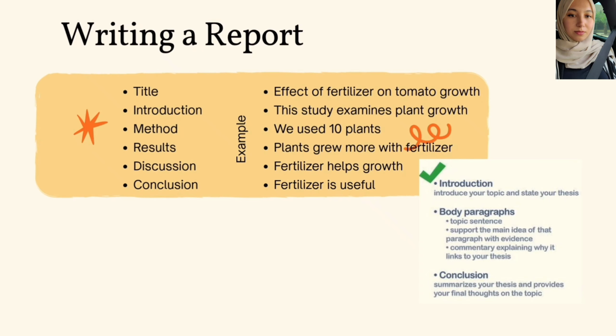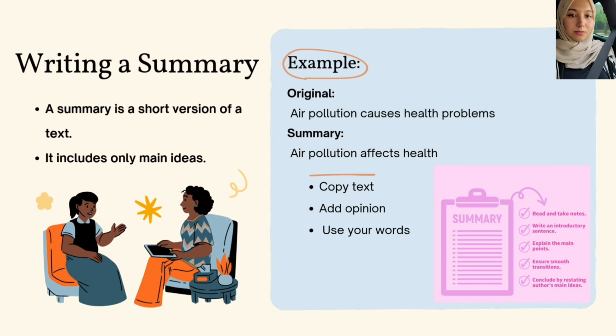As a method, we use tanned plants. As a result, plants grow more with fertilizer. As discussion, fertilizer helps growth. And as conclusion, fertilizer is useful.